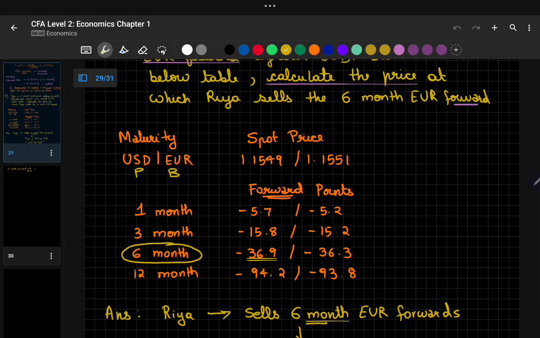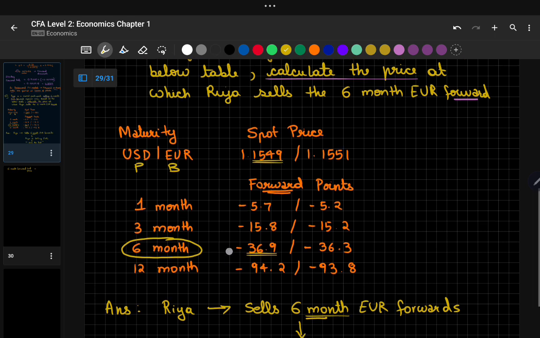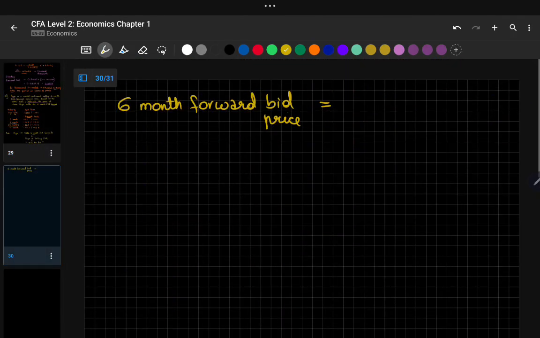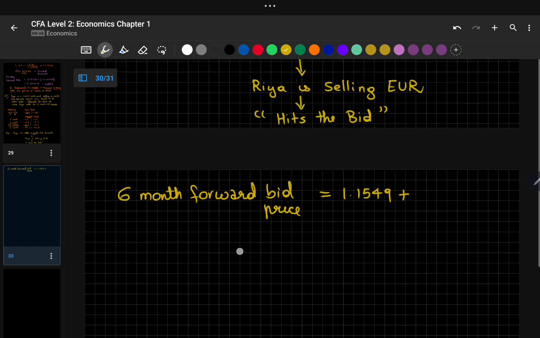The current bid price for the spot exchange rate is 1.1549. And with this, I would be adding the forward points in decimals.